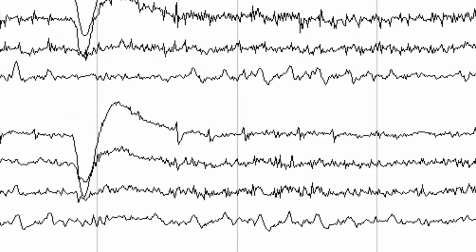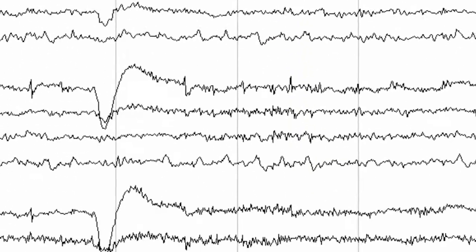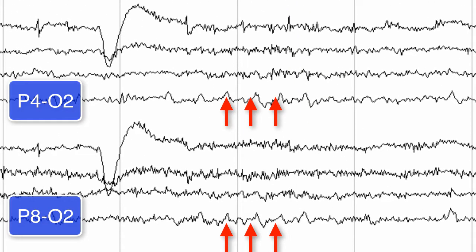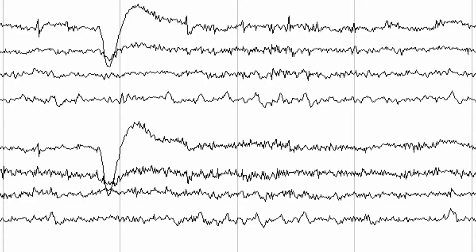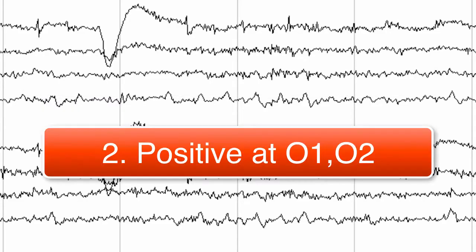Again, we see that there is an initial upward deflection at P7-O1, P3-O1, P4-O2, and P8-O2. Going back to our polarity rules, this would suggest that these waveforms are either electronegative at P7, P3, P4, and P8, or they are electropositive at O1 and O2.